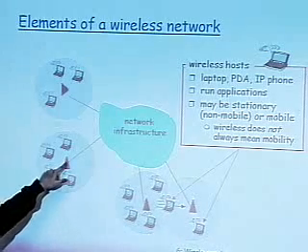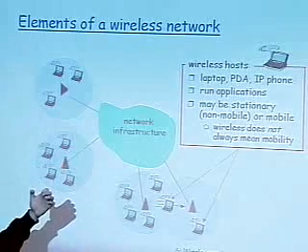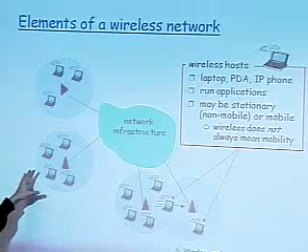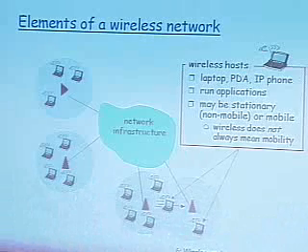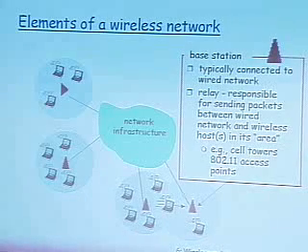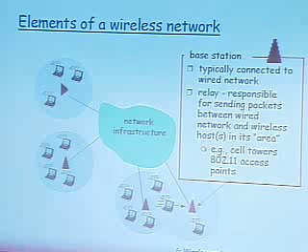The laptops connect to an access point, and these access points are then connected in a backbone infrastructure or network infrastructure. This backbone could either be the internet, or if you're using cell phones, the cell towers that connect to each other.